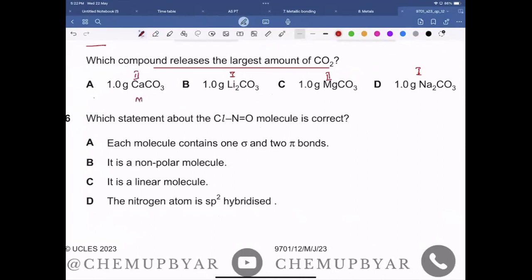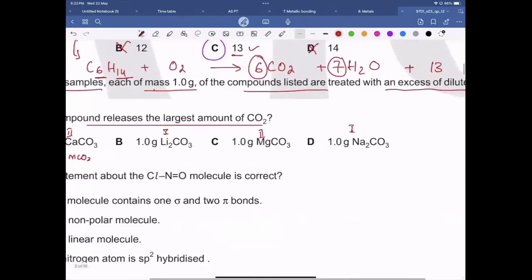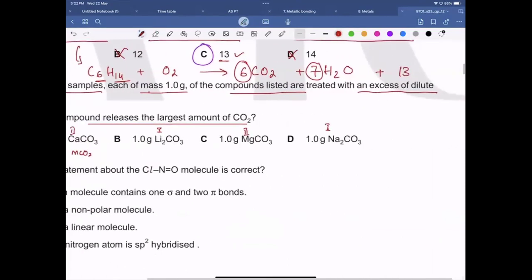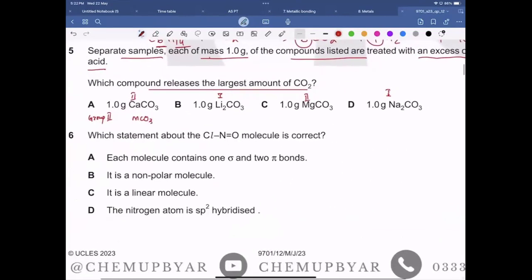So if it's a group 2 carbonate, then the equation would be this. They are reacting with an excess of dilute acid. They didn't mention the acid, so I'm going to write it like this, H positive. We are going to get M2 positive, H2O, and CO2. So to balance the equation, I need to put 2 over here.